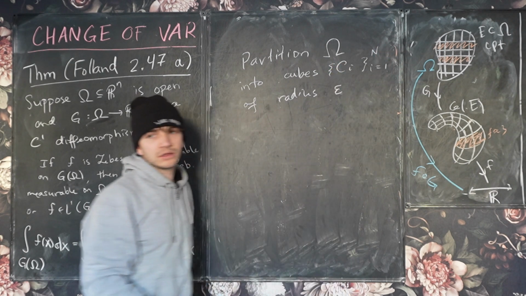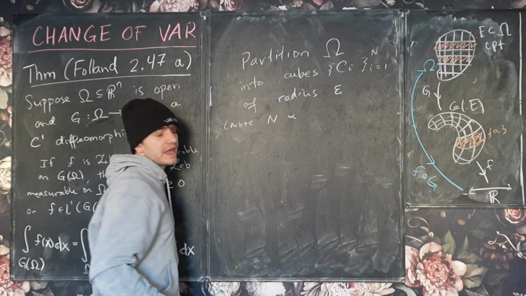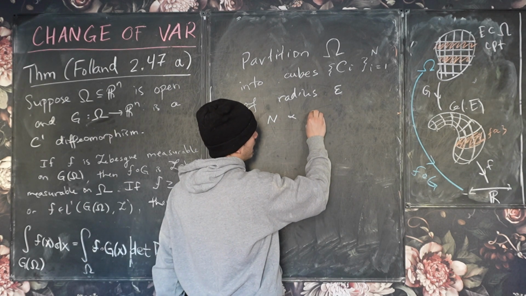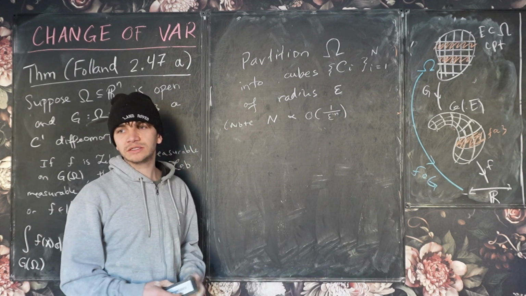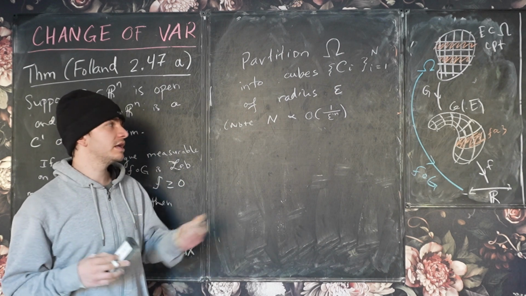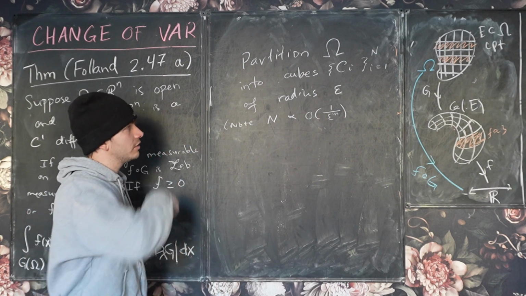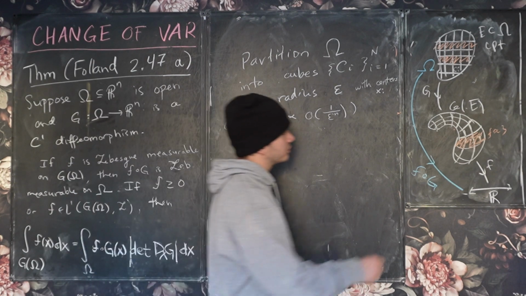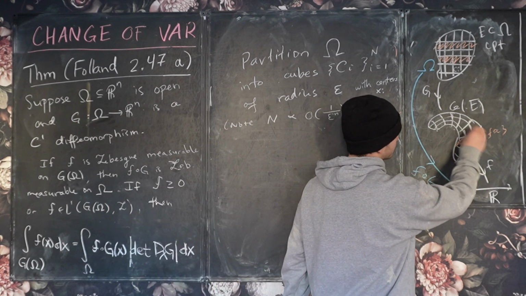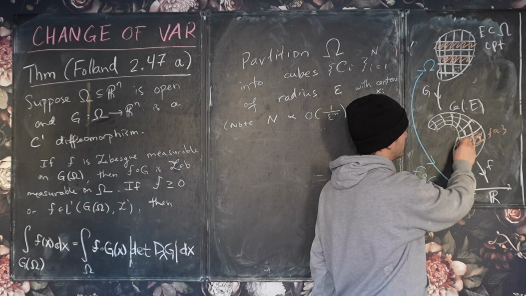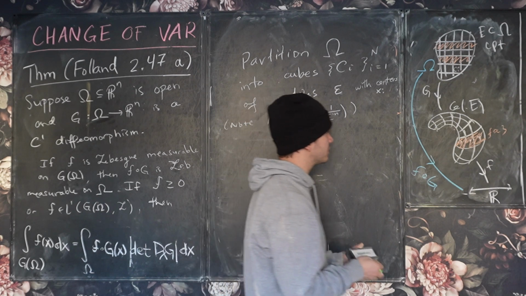It's a finite set of cubes, but we're going to note that n scales as 1 over epsilon to the n, because as I shrink epsilon, I'm going to need that many more cubes to fill the region. Agree? We want to integrate over g of omega, so we're going to take all the centers of these cubes, or these parallelepipeds, and view this as our partition, g of omega.